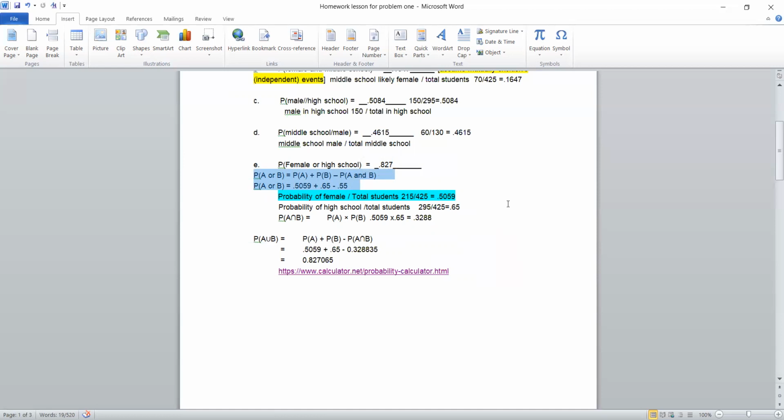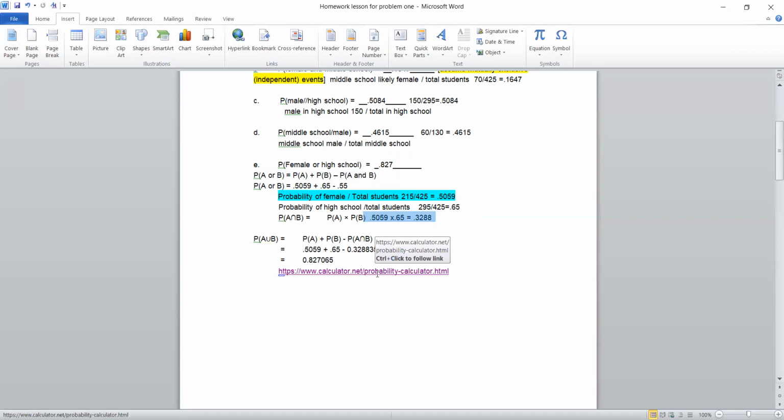What we had there was the probability of being female, which we calculated above, which is right here. So this is P(A). The probability of B, high school, which is 0.65 right here. And then we have the probability of A and B, which is calculated right here.